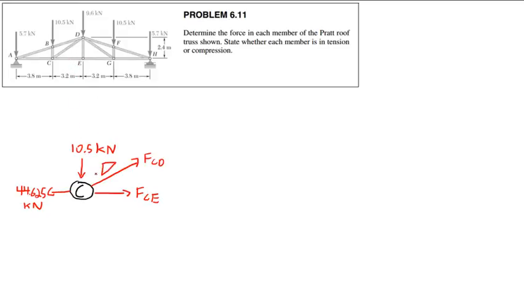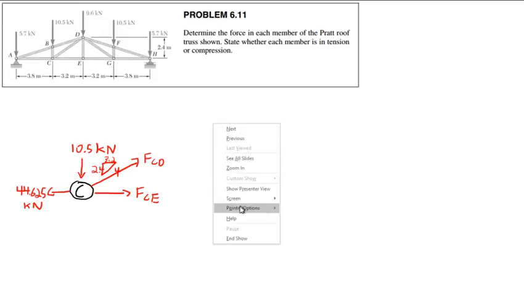This is going to be 3.2 on the horizontal, and that looks like a 2.4. The square root of 2.4 squared plus 3.2 squared is just 4. So 3.2, 2.4, and 4.